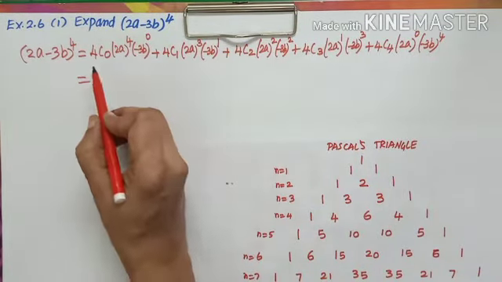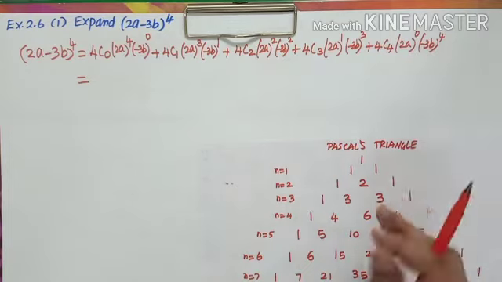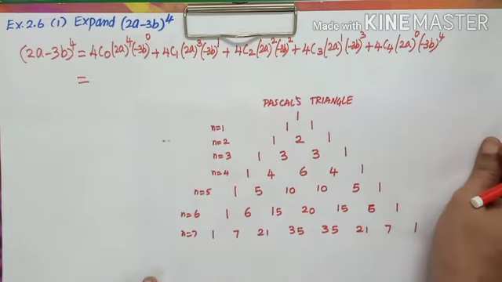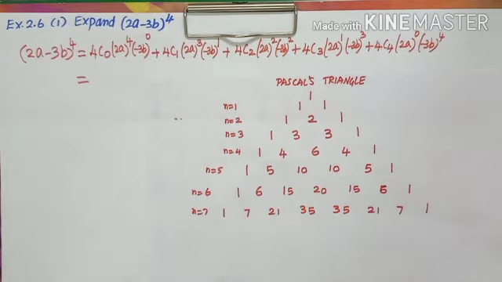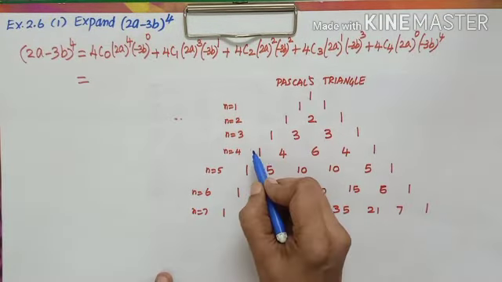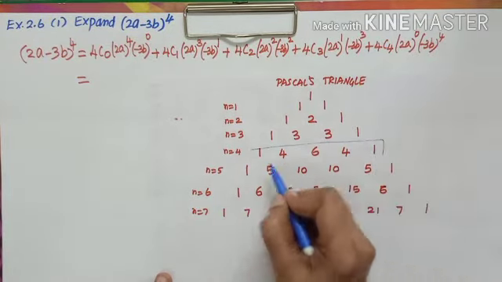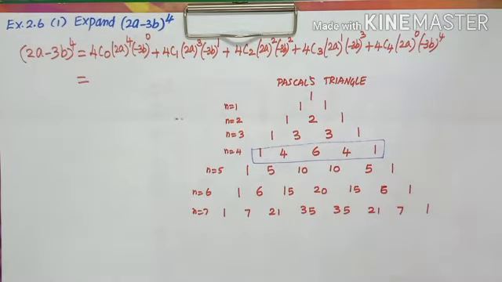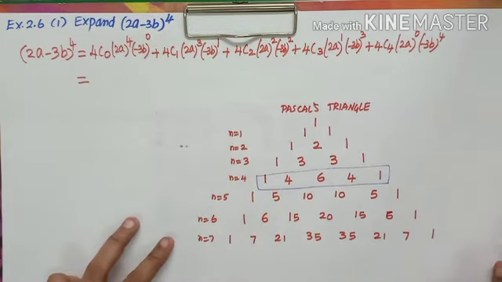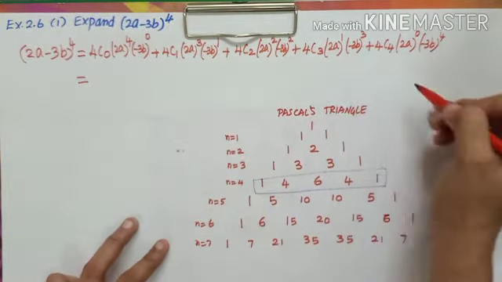Expanded. These 4c0 values you can refer to Pascal's triangle. When n is equal to 4, what are the numbers that I get? Highlighted. So these are the numbers I get when n is equal to 4. You can directly write from the Pascal's triangle. Otherwise, you can work out also.